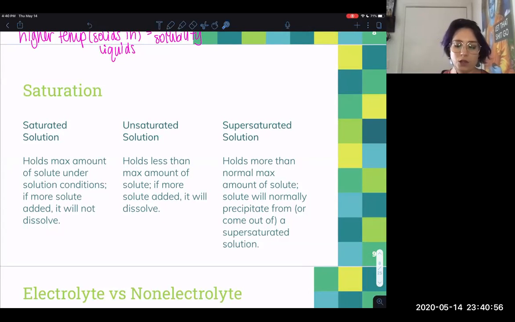You can play around with a supersaturated solution if you've ever gotten one of those hot hands, not the ones you shake that have the iron filings in them. That's an exothermic reaction of iron. But the reversible hot hands, I'm not sure if you've ever encountered these, they're kind of clear and colorless at first.